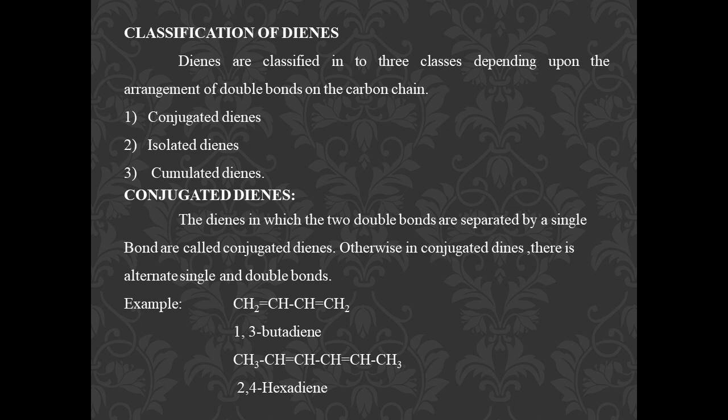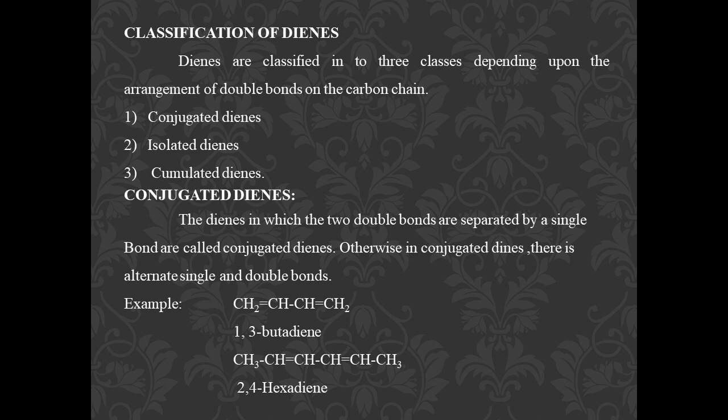Conjugated dienes are those in which the two double bonds are separated by a single bond. There are alternate single bonds and double bonds. Look at the two examples: 1,3-butadiene and 2,4-hexadiene. In 1,3-butadiene, CH2 double bond CH, single bond CH, double bond CH2.